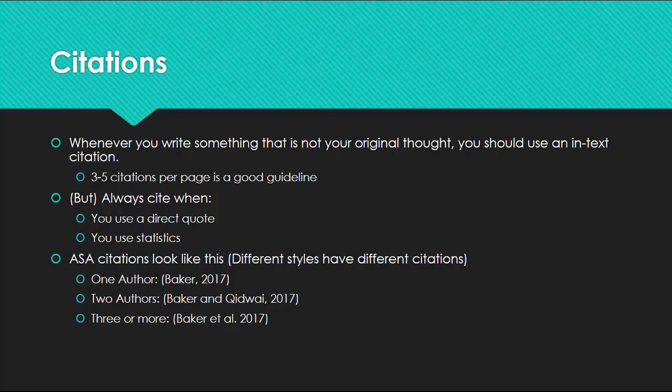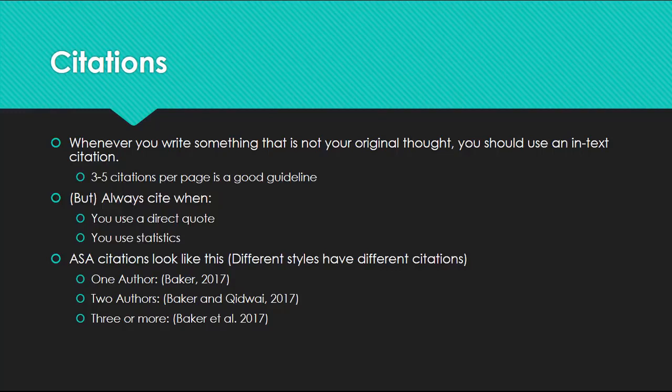Now, ASA citations look like this, right? Different styles have different citations. But for my classes, if your source has one author, you would put the last name, that's my last name, comma, the year of publication. So if I wrote a book or a journal article in 2017, it would say Baker, comma, 2017. If I wrote an academic journal article with a writing partner, my friend Kayam Kidwai has been my writing partner in the past, then we have two authors.